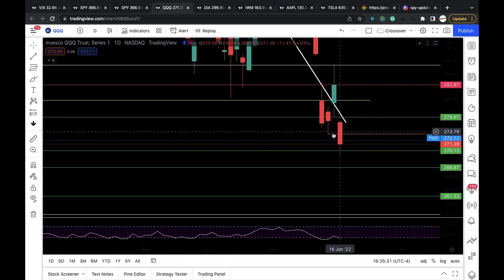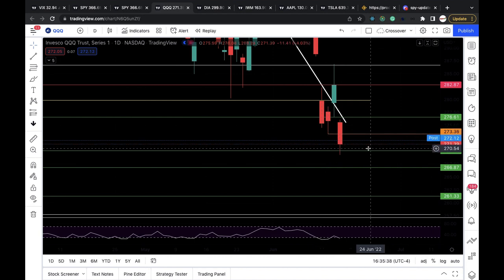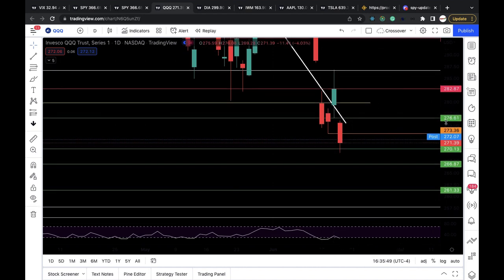Triple Q, okay, it took out my support level around 273.3-ish and dropped all the way down to my 270 level. It actually went lower, as low as 269.2, but washes below critical support levels tend to happen sometimes, all right?